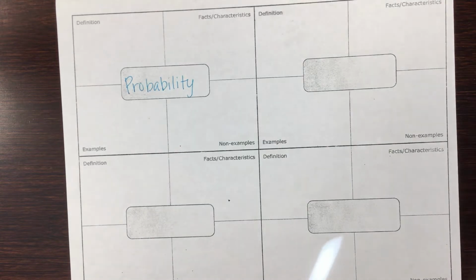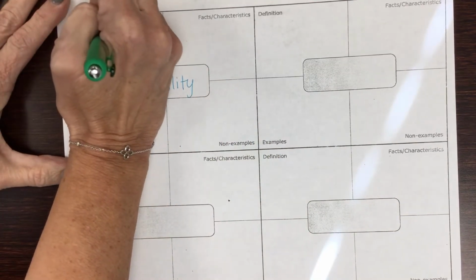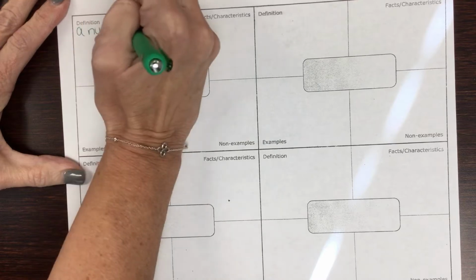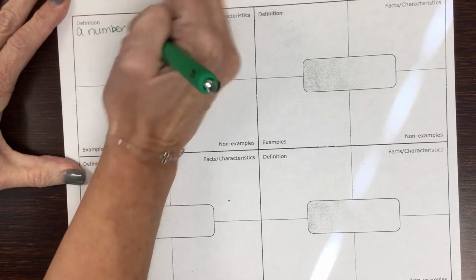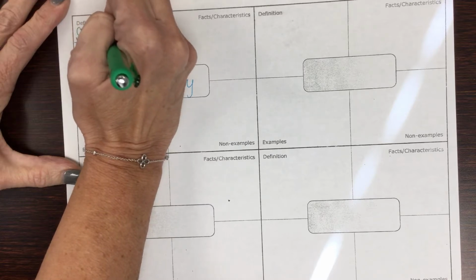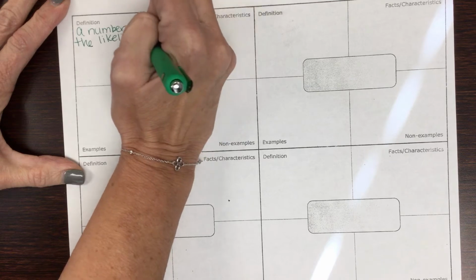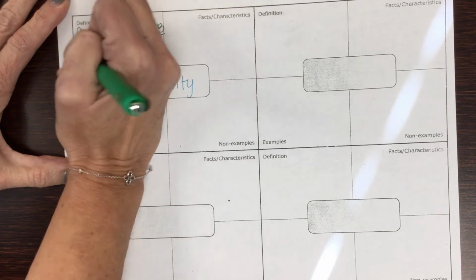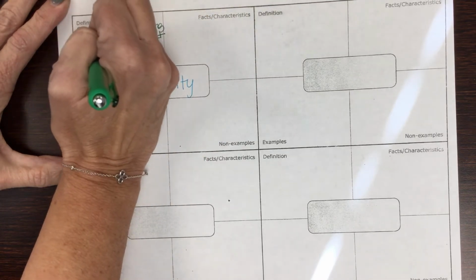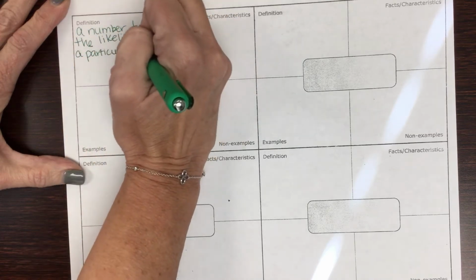All right, the definition of probability. It's a number telling the likelihood that a particular event will occur.